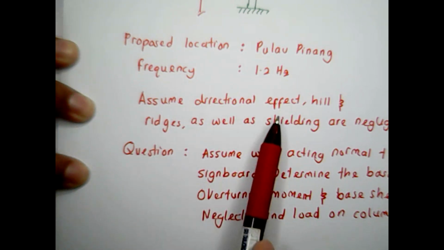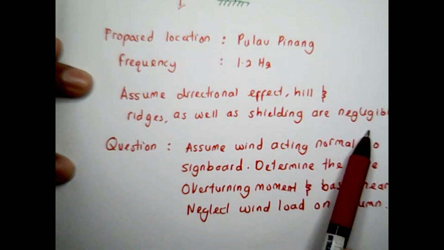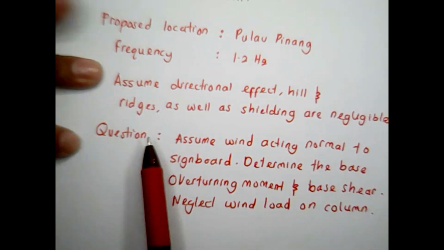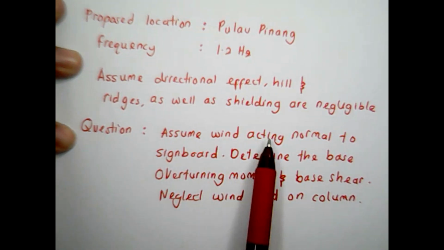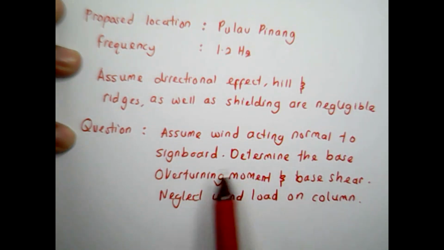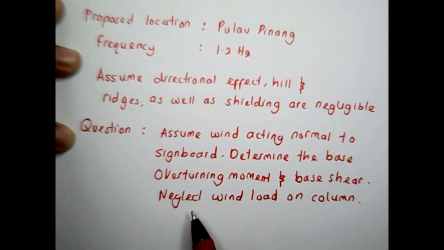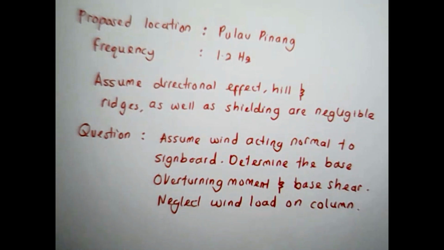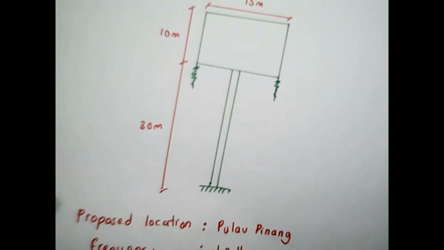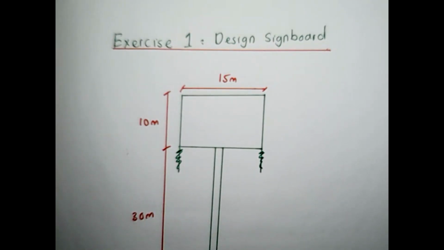Assume directional effect, hill and ridges as well as shielding are negligible. The question: assume wind acting normal to signboard, determine the base overturning moment and base shear, neglecting wind load on column. You're supposed to allocate 45 minutes for this exercise. Good luck.